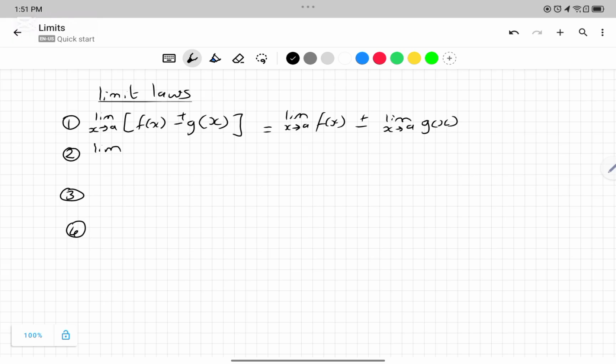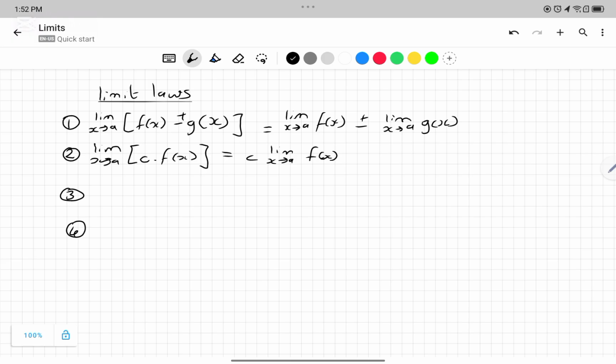So the other rule is limit of c times f of x as x approaches a. In that case the constant stays aside. You could say c times limit of f of x as x approaches a. So that's a rule.